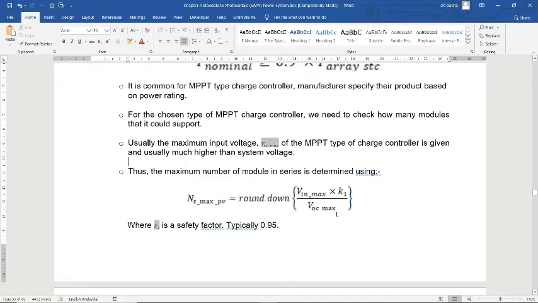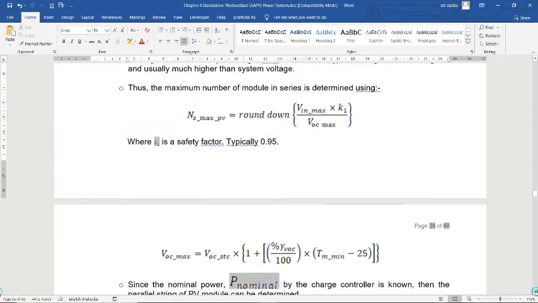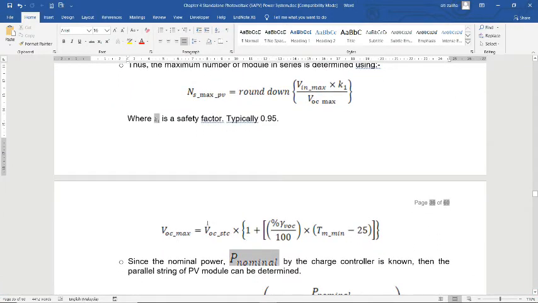Divide with VOC max, open circuit voltage at maximum. So VOC max, you calculate VOC STC multiply with temperature factor for VOC. Okay, why we use this TM minimum?